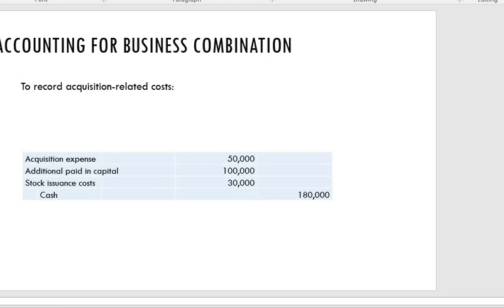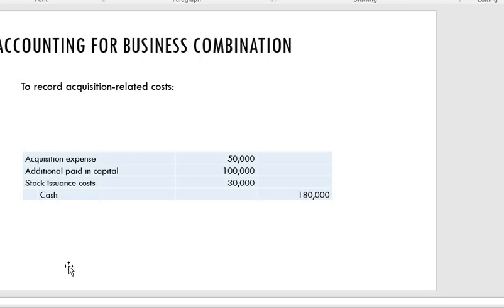So, since di kaya i-absorb ni APIC na incremental additional paid in capital yung 130,000, the excess will be recorded as stock issuance cost. It may be considered expense or pwede na siya reduction from retained earnings.